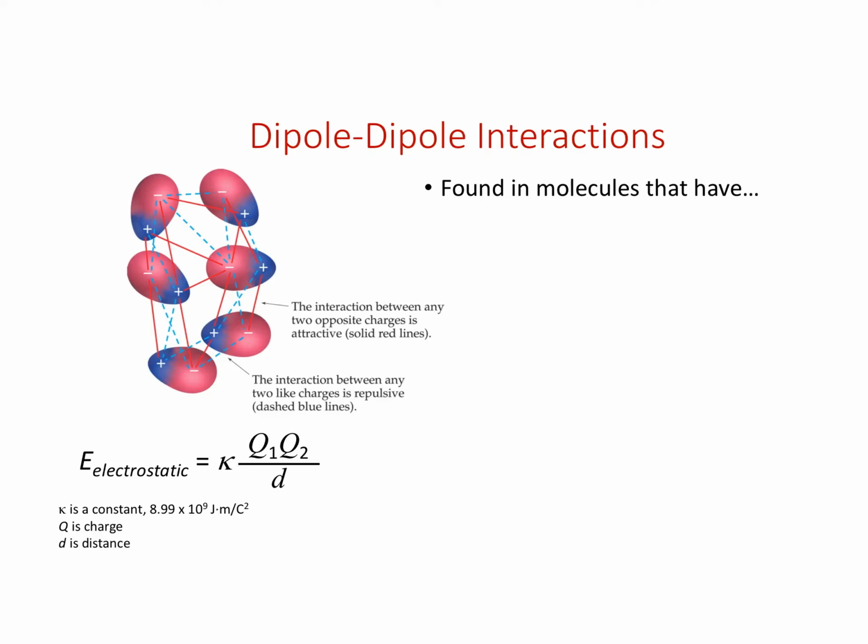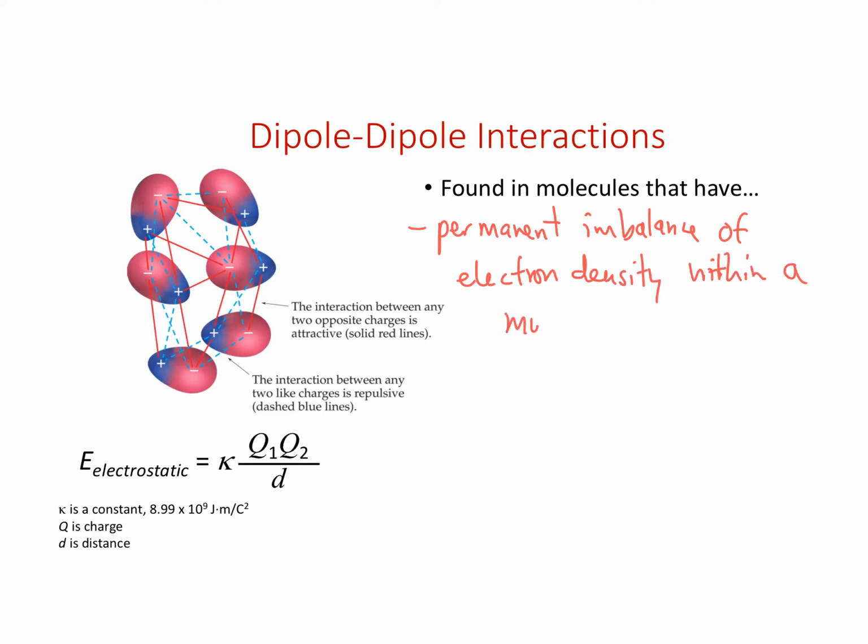So we need to have a permanent imbalance of electron density within a molecule. And as a result, that'll create a molecule that is permanently polar.